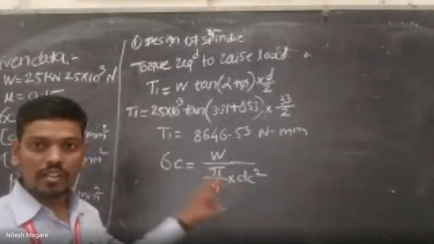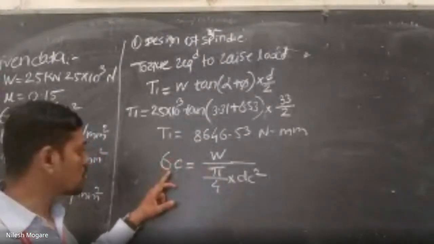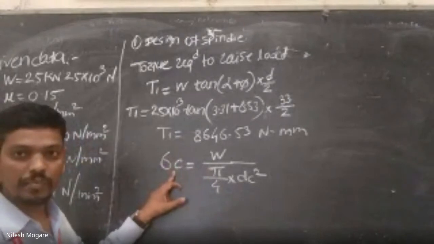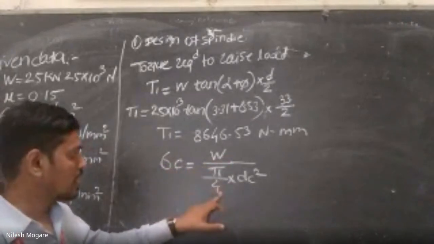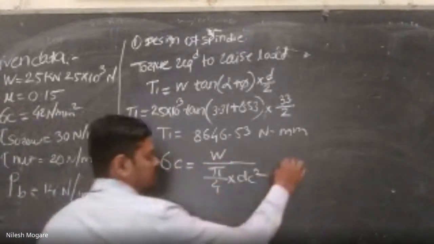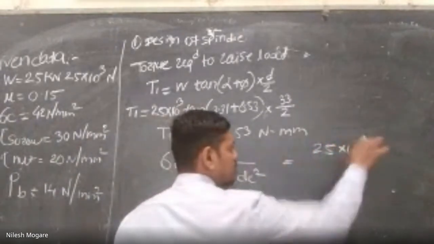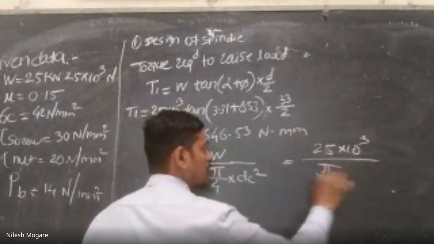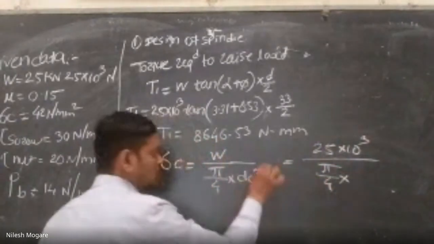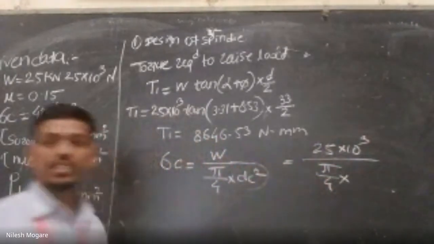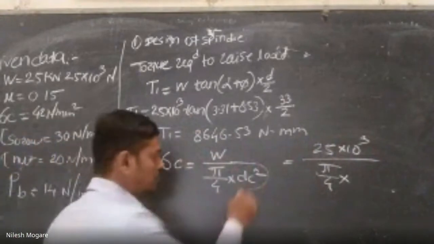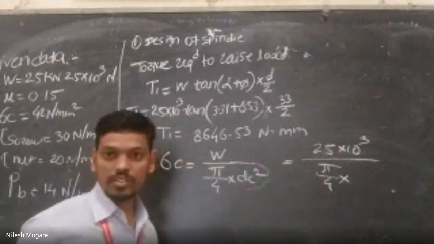We have to check under the compressive stress. So value of compressive stress is equals to load upon area. Put the value of W, 25 into 10 raised to 3 divided by area pi by 4 into DC square. Now put the value of DC as 30 mm. So we calculated DC in our step number 1.